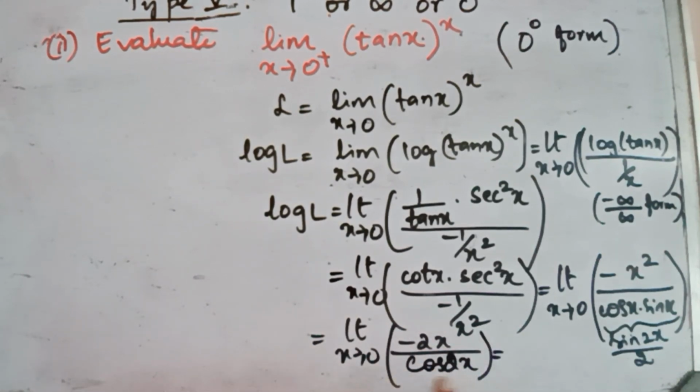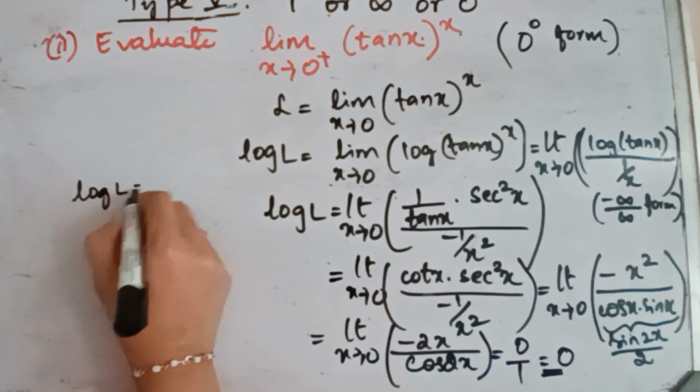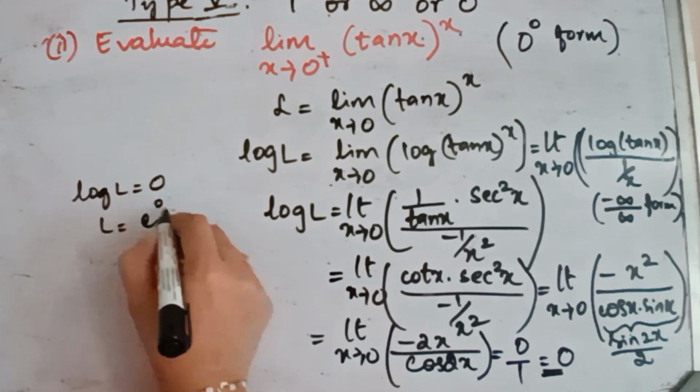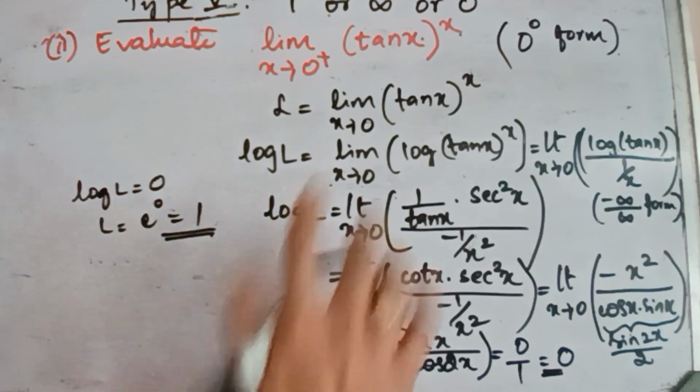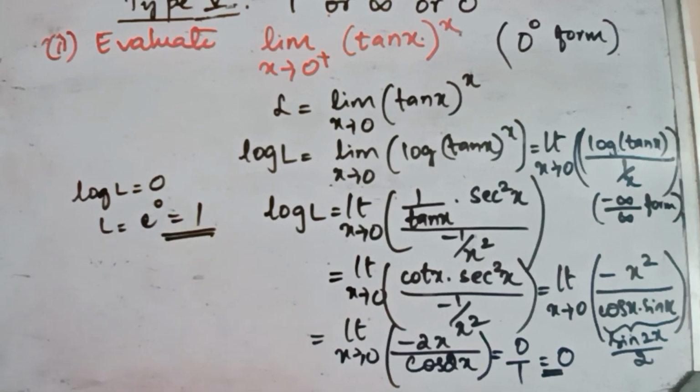Now apply the limit here. This is 0 divided by cos of 0, which is 1. So 0 by any value equals 0. Therefore, we got log L equal to 0. Hence, L equals e to the power 0, which equals 1. Therefore, the limit of this expression equals 1.